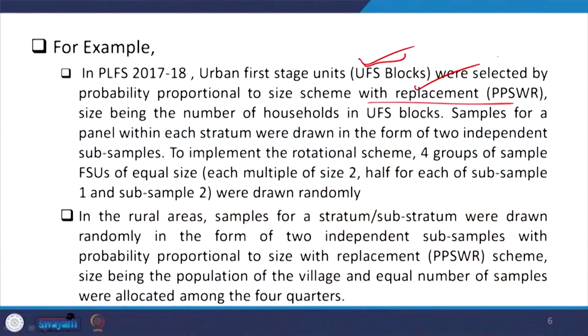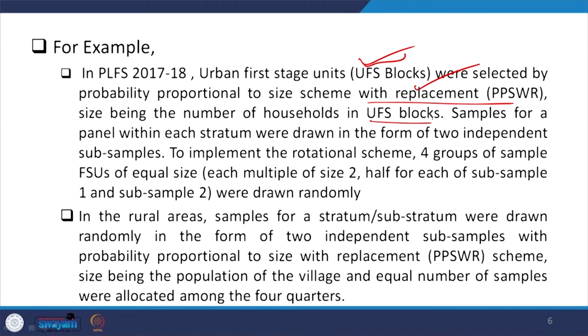Because of that, they followed urban first stage units with a probability proportional to size scheme with replacement, size being the number of households in the UFS blocks. So, size, as we have already said, is basically the population they considered.